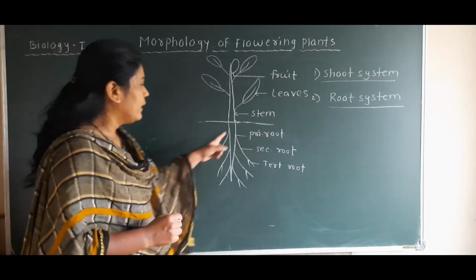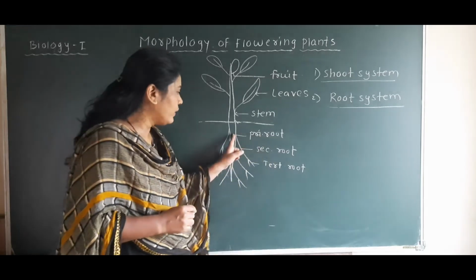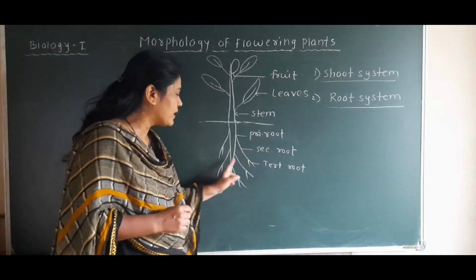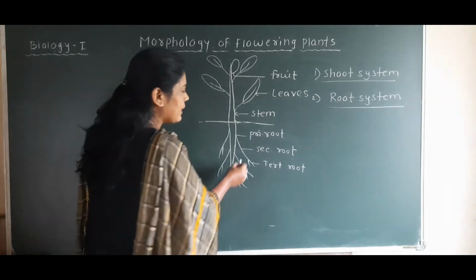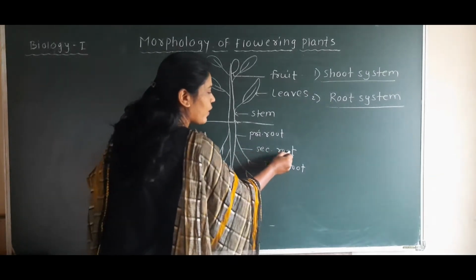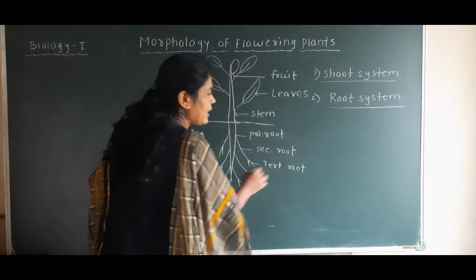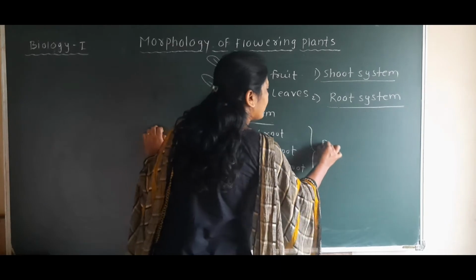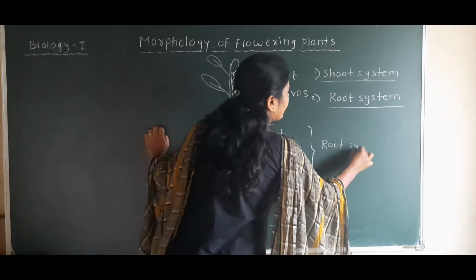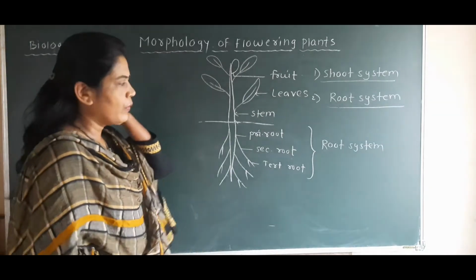This main root we label as a primary root. On this main root there are lateral branches. The lateral branches of first order are called secondary roots, and lateral branches of the third order are called tertiary roots. So all these roots together we call a root system.